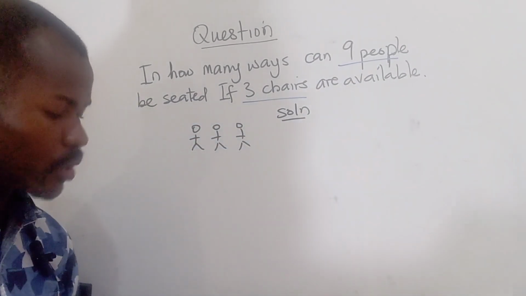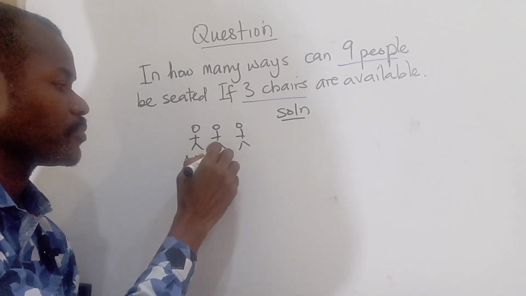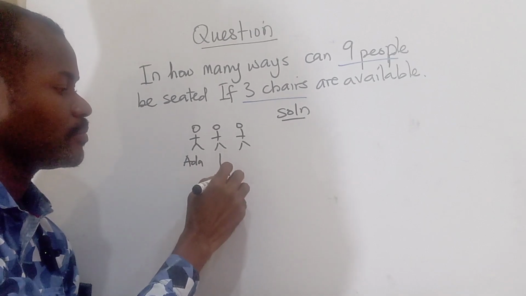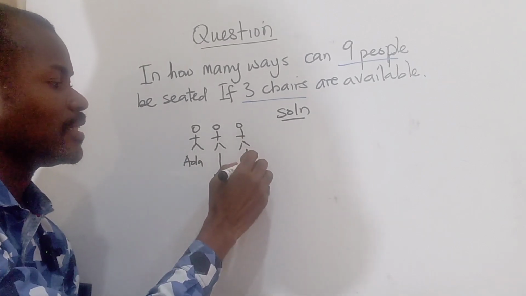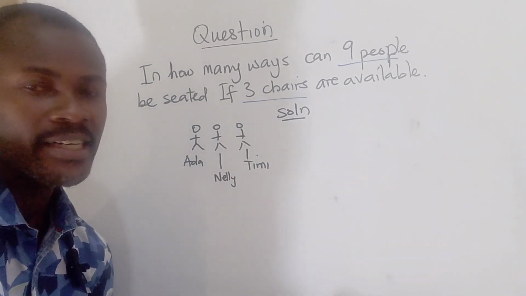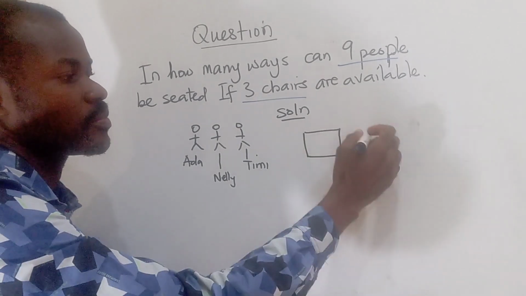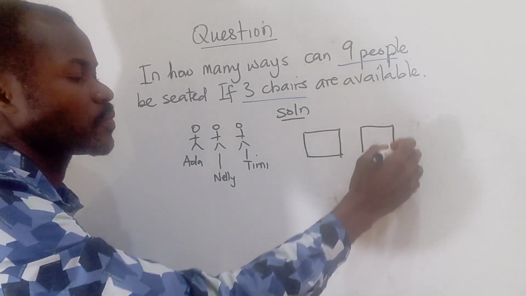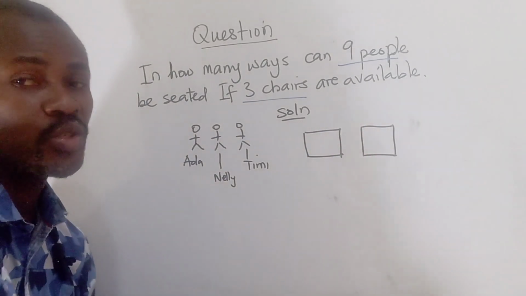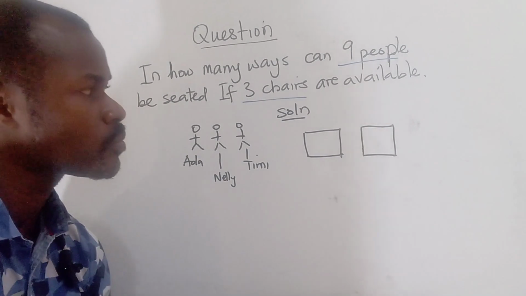Let's say this is Ada, this is Nelly, and finally this is Timmy. And let's say we have just 2 chairs, or 2 spaces for them to sit down.